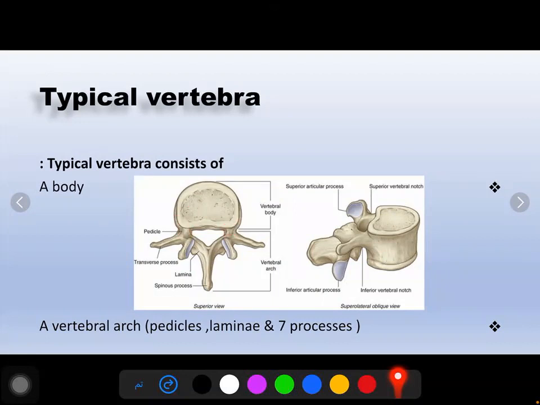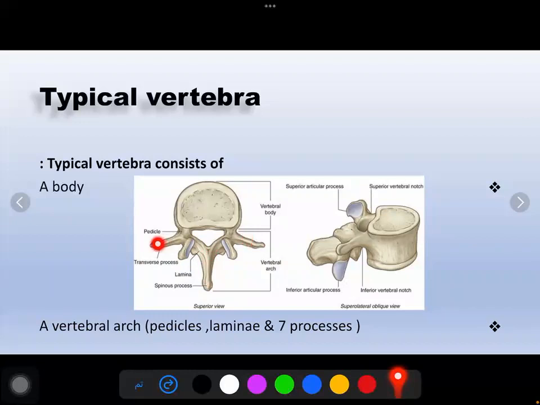The pedicle has a superior curve. This is the superior curve. This is another superior curve with the adjacent vertebra to form the intervertebral foramen. Also, we have the lamina. It is a bilateral plate that is fused to form the spinous process. So we have 2 transverse processes.